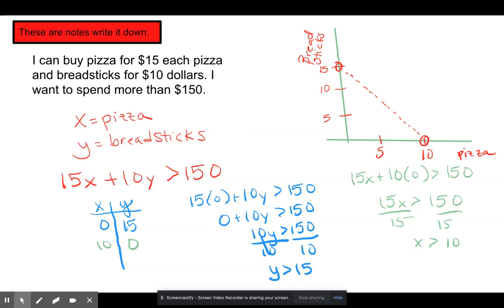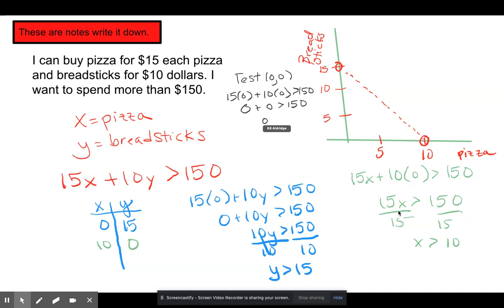And now I need a test point. Well, let's test the point 0, 0. So 0 pizzas, 0 breadsticks. Is 15 times 0 plus 10 times 0 greater than 150? 0 plus 0 greater than 150?